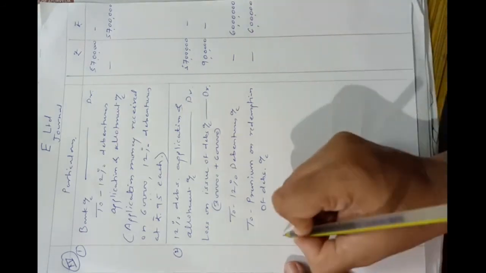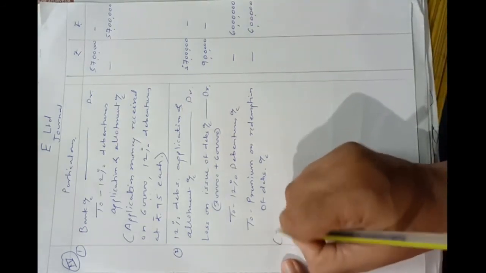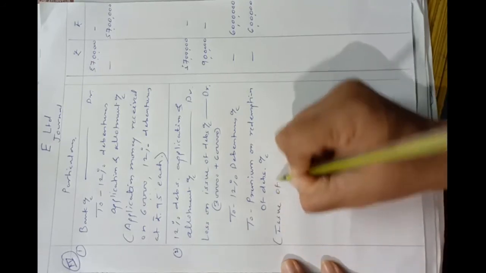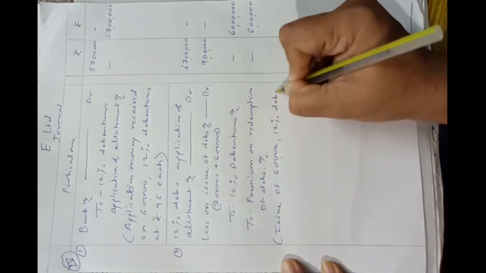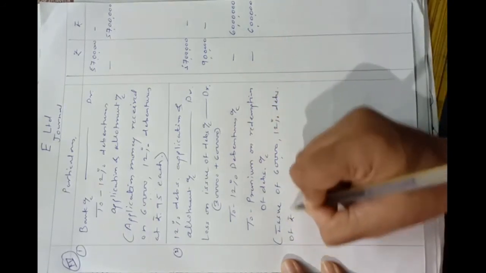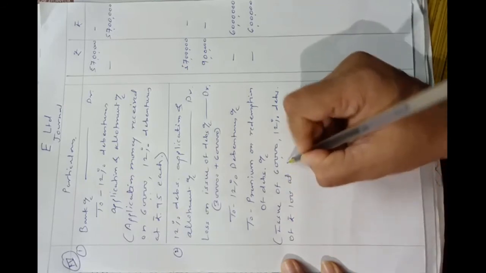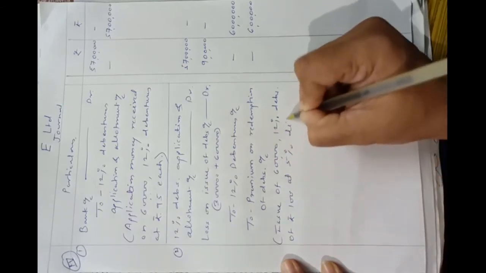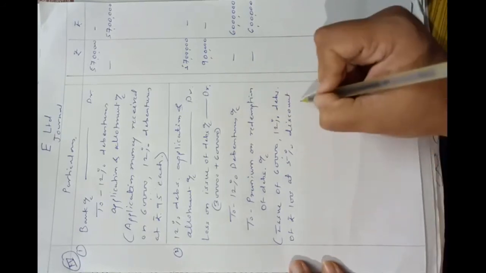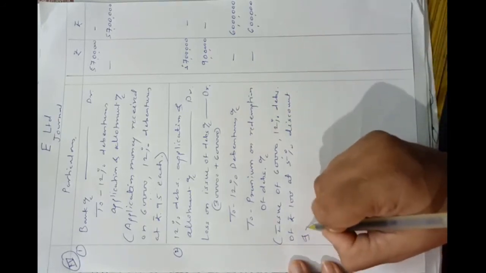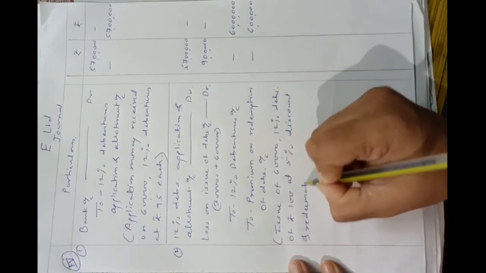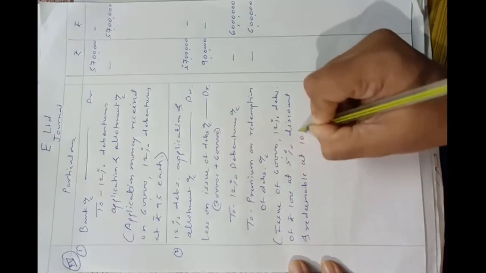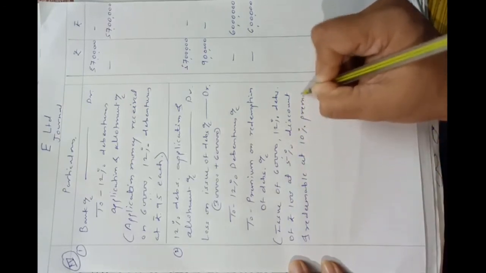So in this way we have to pass the journal entry. Issue of 60,000 12% debentures of ₹100 at 5% discount, or we can write at ₹95 each, and redeemable or repayable at 10% premium, or we can write at 110 each.